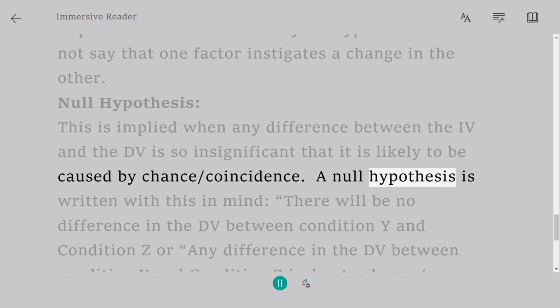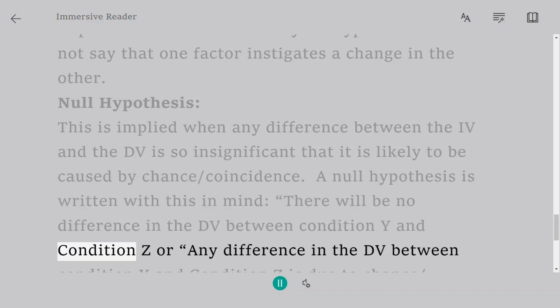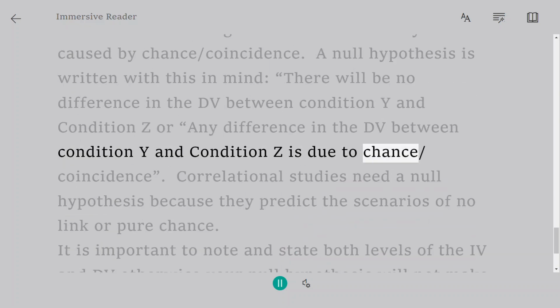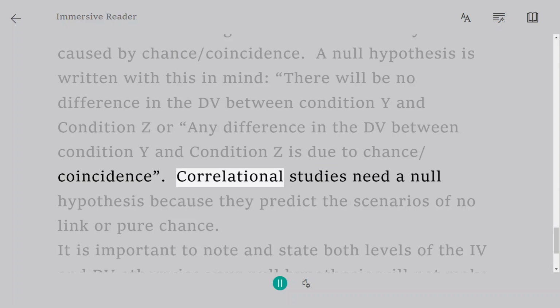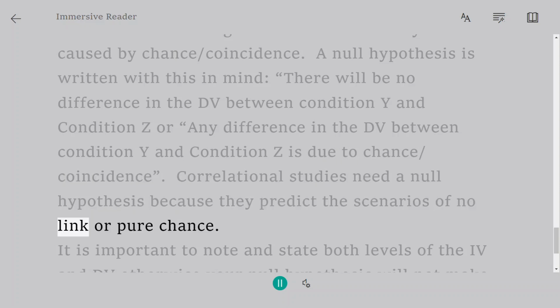A null hypothesis is written with this in mind: there will be no difference in the DV between condition Y and condition Z, or any difference in the DV between condition Y and condition Z is due to chance or coincidence. Correlational studies need a null hypothesis because they predict the scenarios of no link or pure chance.